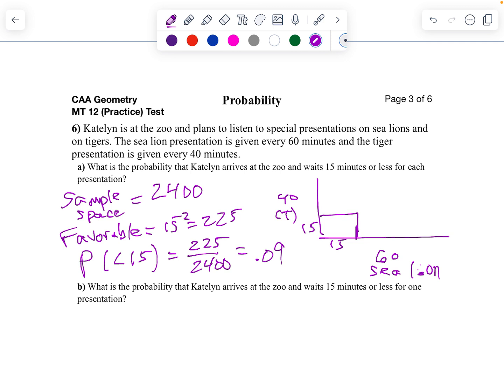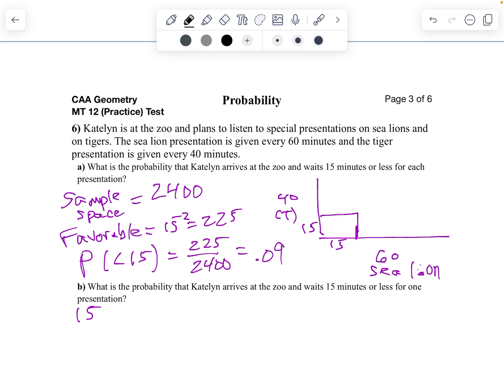Now, letter B. What's the probability that Caitlin arrives at the zoo and waits 15 minutes or less for one presentation? So if I take a look here for one presentation, if I look at my sea lion, I've got 15, but I have to multiply that by that whole length, right? And so 15 times 40. Let me draw that in here.